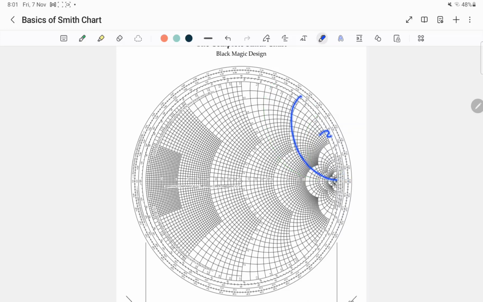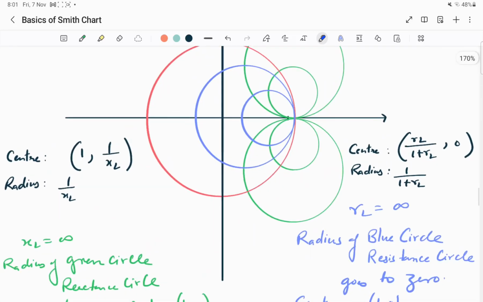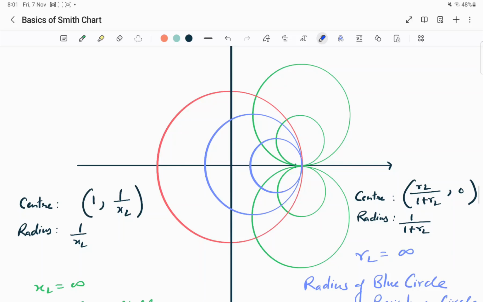So that you have the reactance circles like this, and in the lower hemisphere also. Alright, in order to illustrate that, I have chosen this particular diagram where this blue color circle is the resistance circle and the green color circle is the reactance circle.